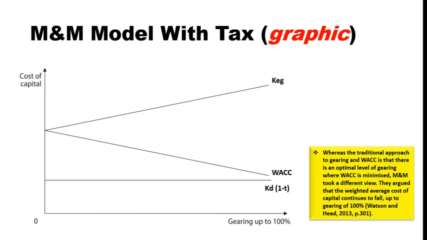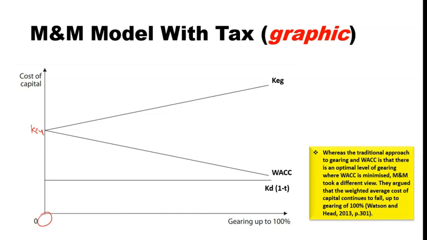As usual, when there is no gearing, it simply means we are 100% financed by equity. So at this level, our WACC is equal to KEU.